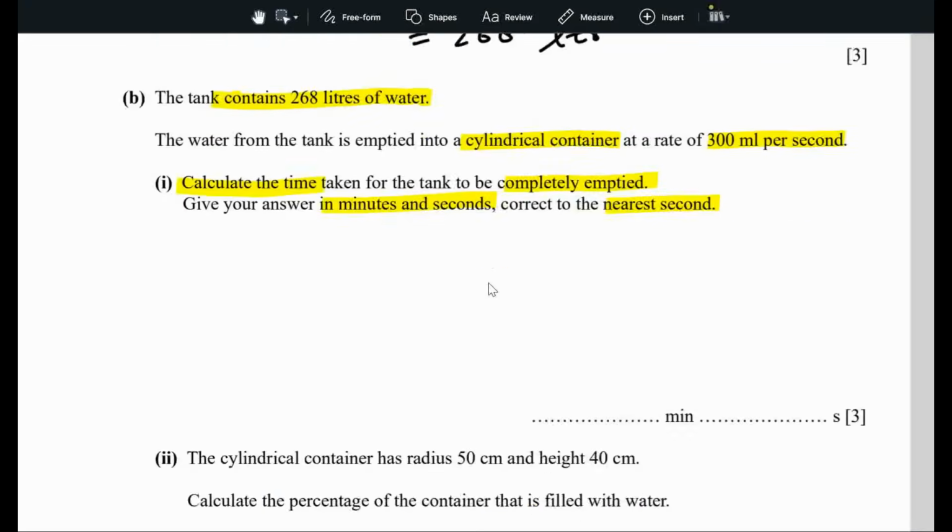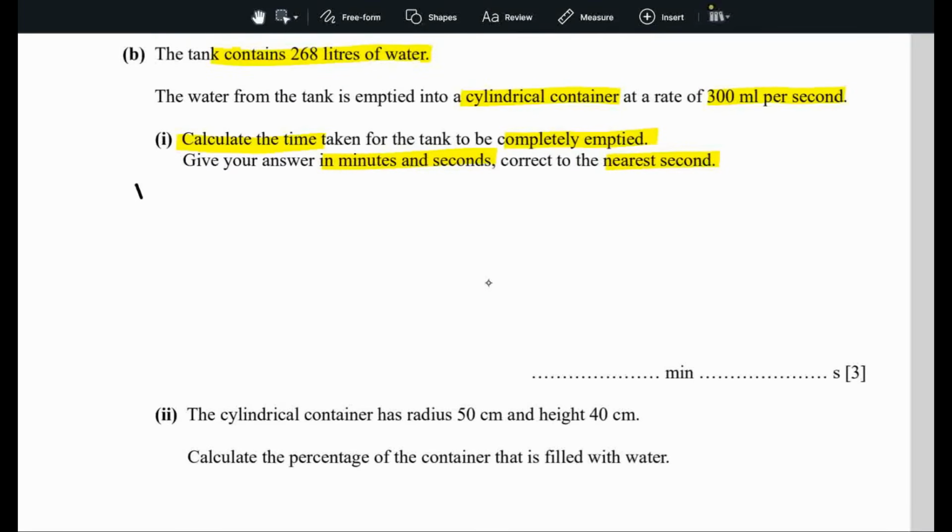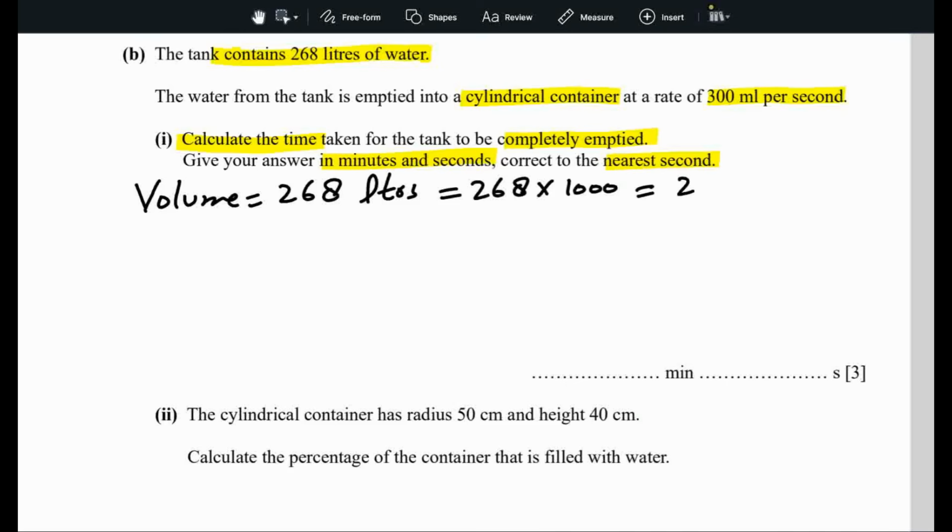Now for the B part, we know that volume is 268 liters. If you want to convert it into milliliters, this will be equals to 268 multiply by 1000, which is 268,000 milliliters.